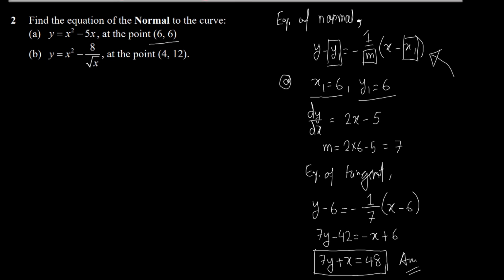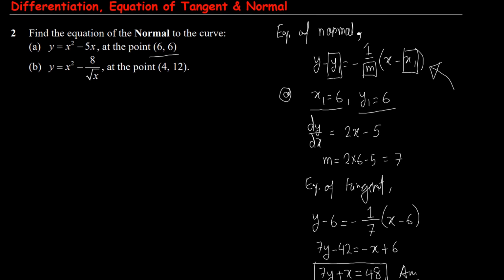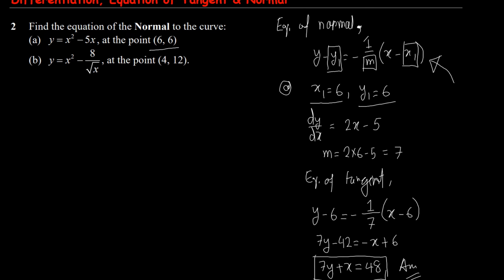So let's go for the other one, part B. Let me write it in a similar way. In part B also x1 is given as 4, y1 is given as 12. So you need to differentiate the expression y written here, x squared minus 8 x to the power minus half.